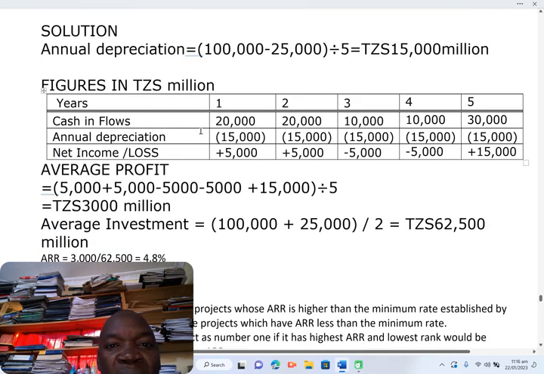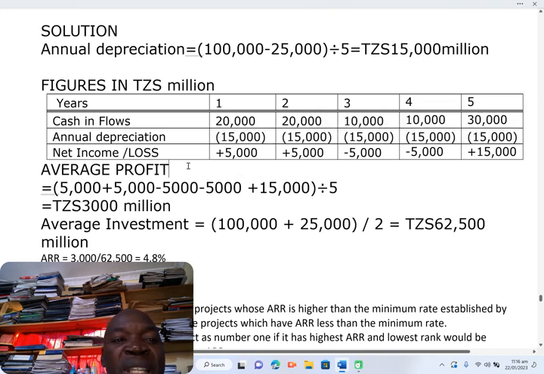Annual depreciation is 15 on a straight-line basis.